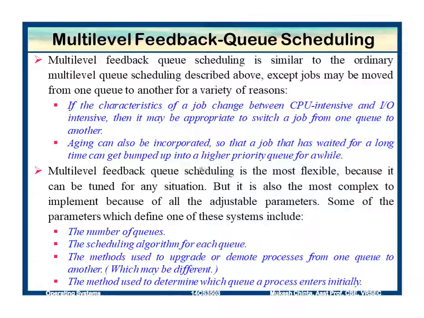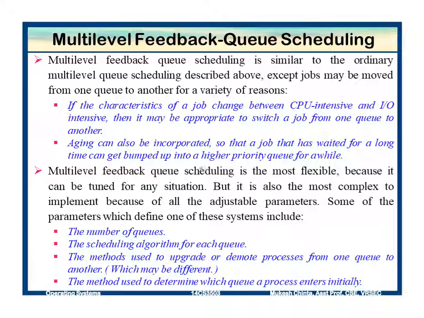The multi-level feedback queue scheduling is similar to the ordinary multi-level queue scheduling described above, except jobs may be moved from one queue to another for a variety of reasons.